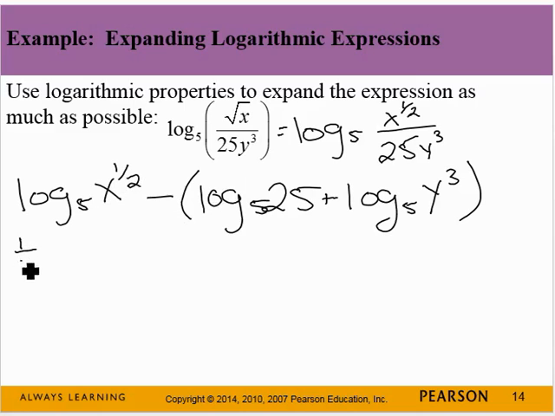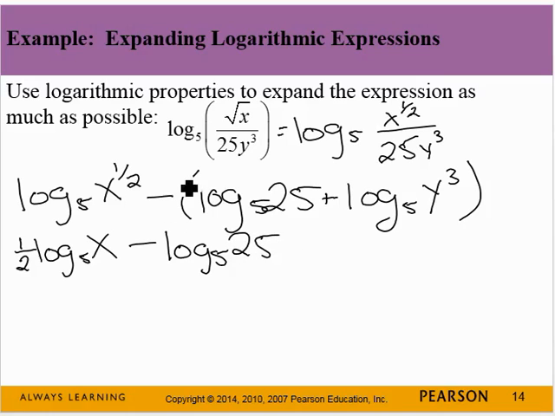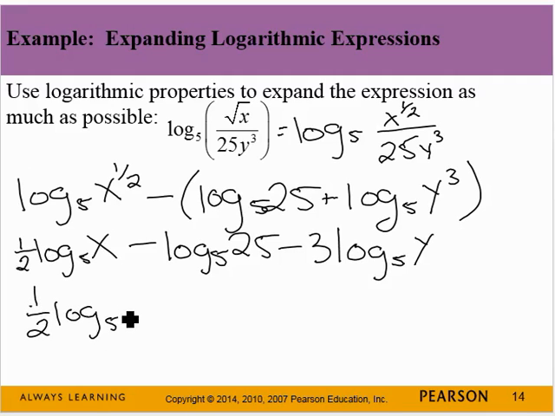So that means I have 1/2 log 5x minus, I'm going to leave this part for now. Eventually I will be able to change that by, it's going to become subtraction, and I'm going to bring my 3 down. Alright, so I mentioned before that I was going to be able to simplify this part right here.